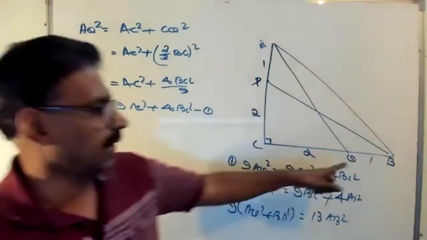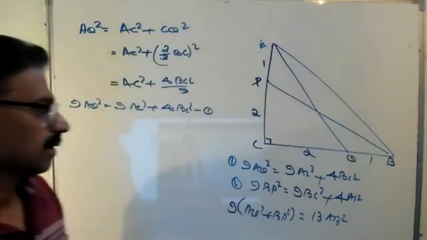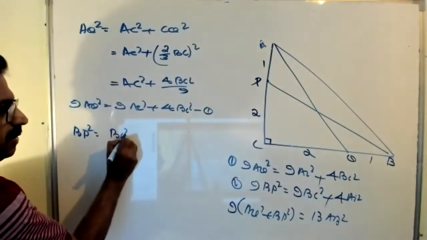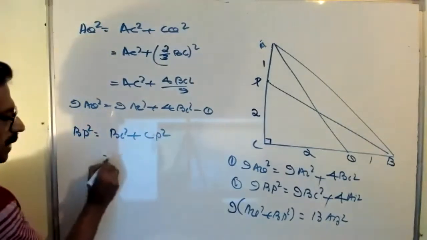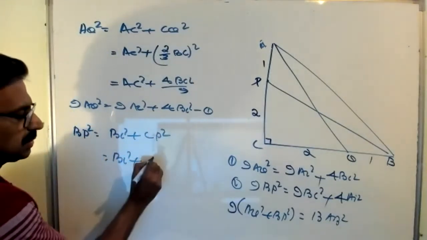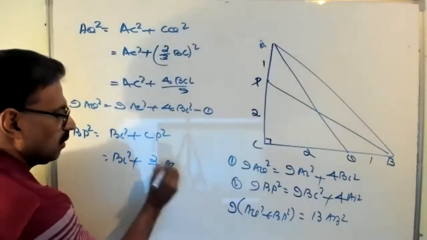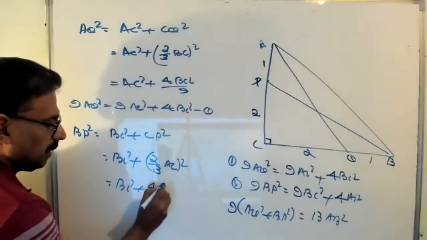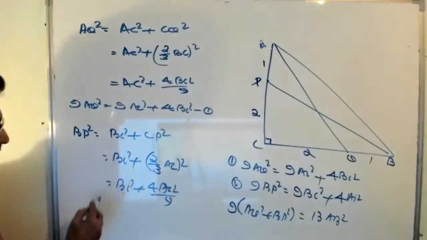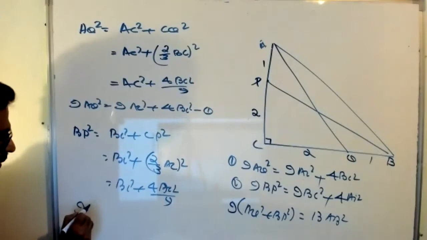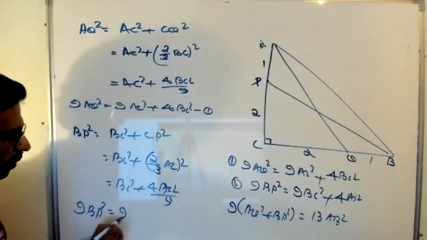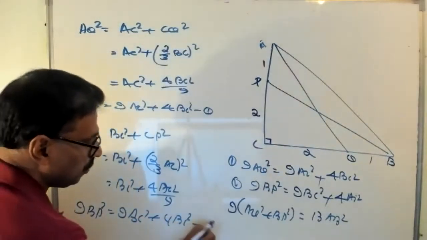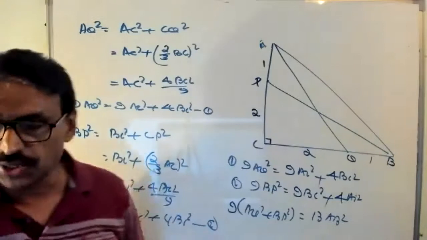Second part. In triangle BCP, BP square equal to BC square plus CP square. So that is BC square plus CP, which is 2/3 AC, whole square. So that is BC square plus 4AC square by 9. Multiply by 9: 9BP square equal to 9BC square plus 4AC square. Number 2. Finish. Then you add 1 and 2, we get the third part.